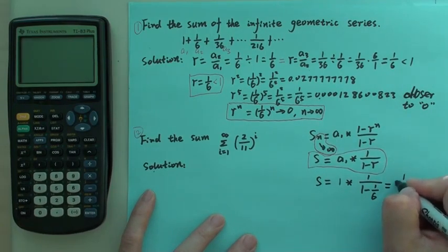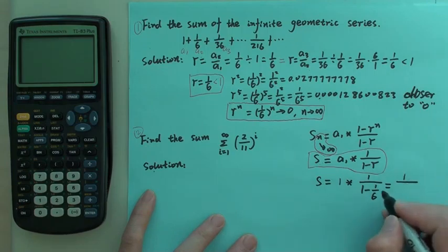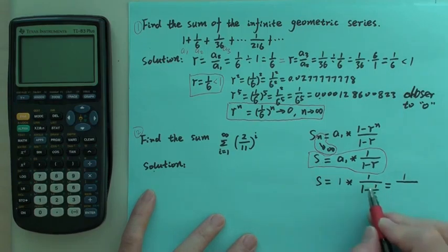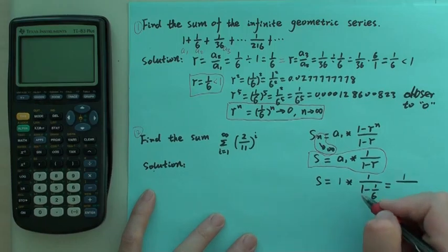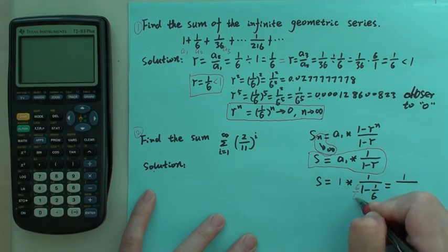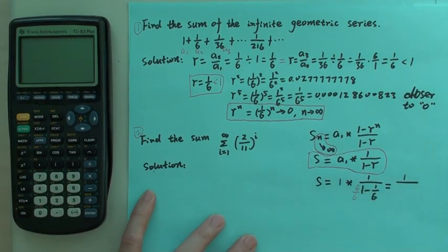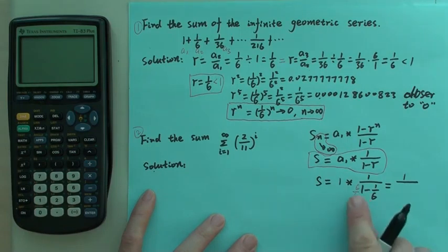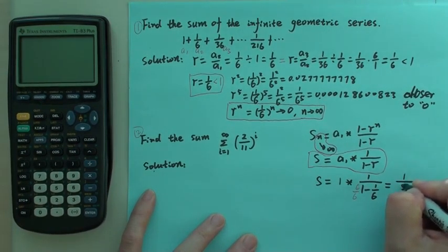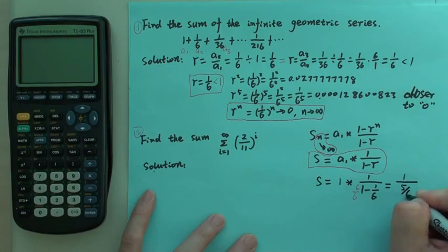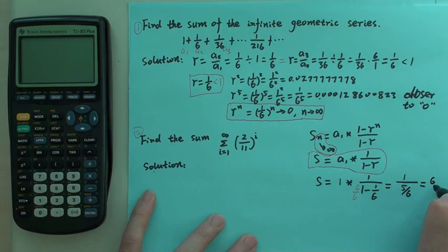So you then have 1 over 1 minus 1/6. For more detail, 1 is 6/6, 6 minus 1 is 5, divided by 6. You flip it up, then it's 6/5.